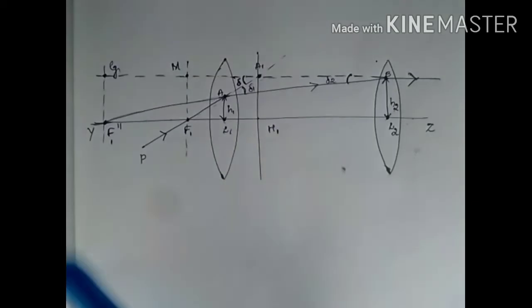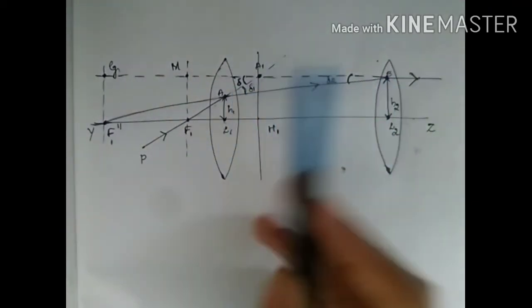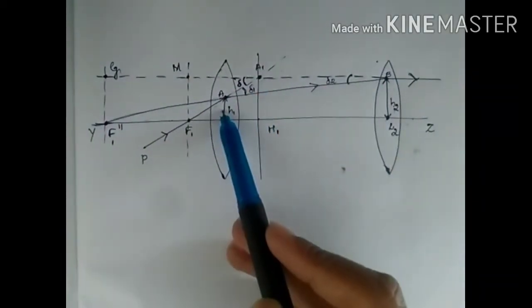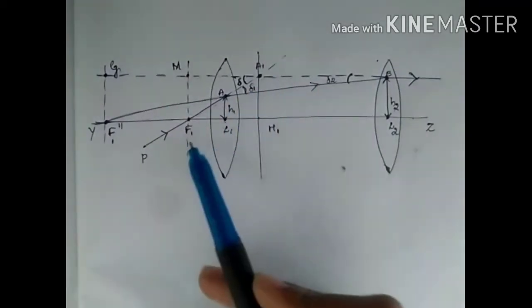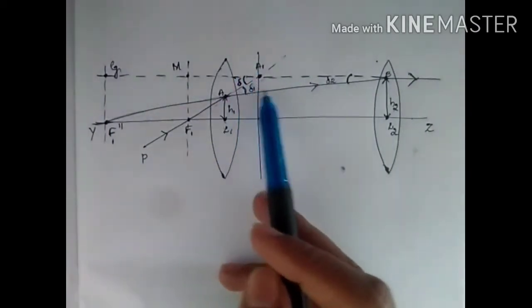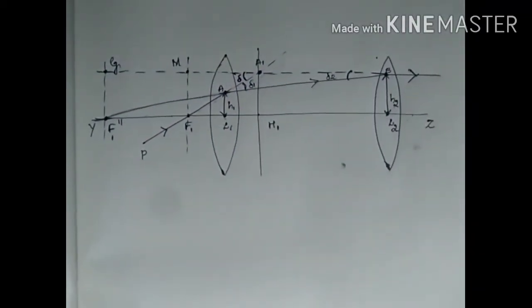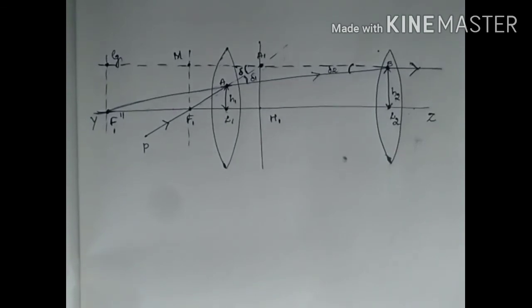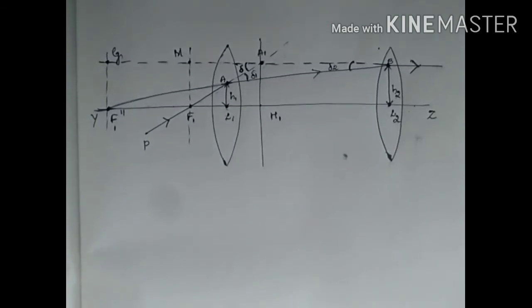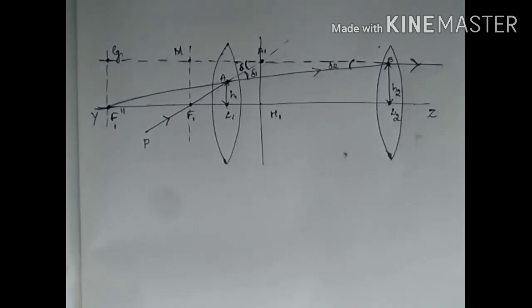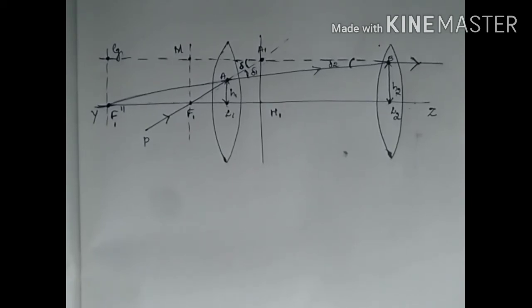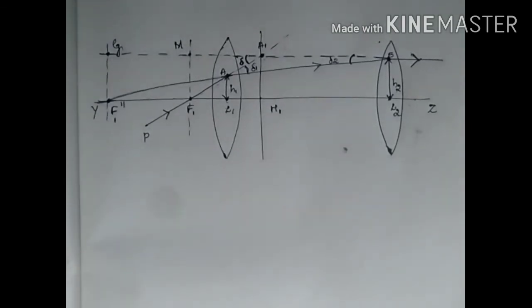Now what we have to do is second part. So we have to extend the emergent ray and the incident ray such that we will have the angle delta between them. After this we'll get a point A1 and H1. So if you draw the line or a plane which cuts the principal axis at H1, so that point will be the principal point and the plane is principal plane.